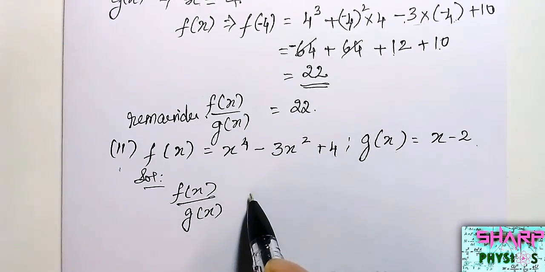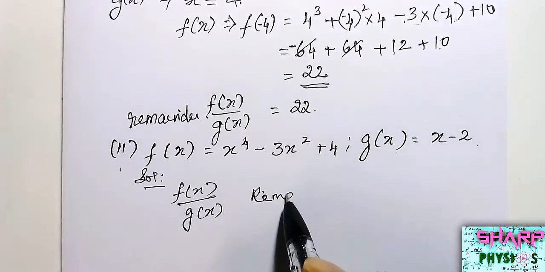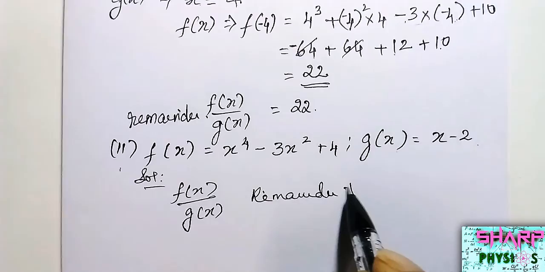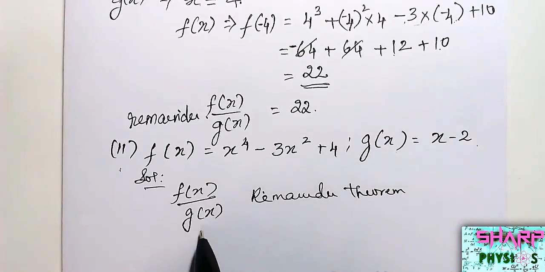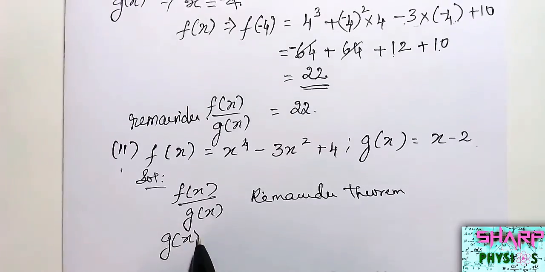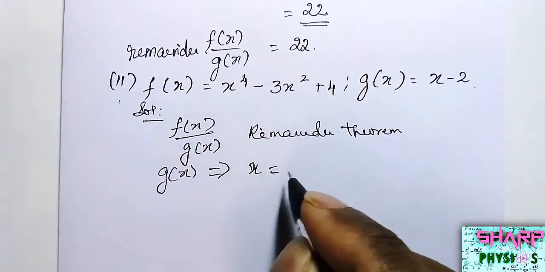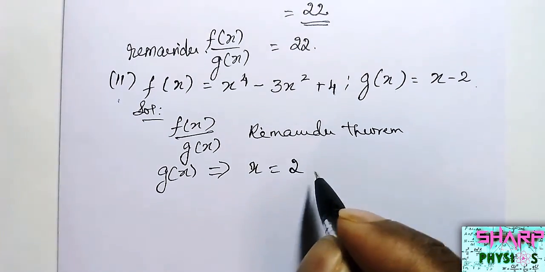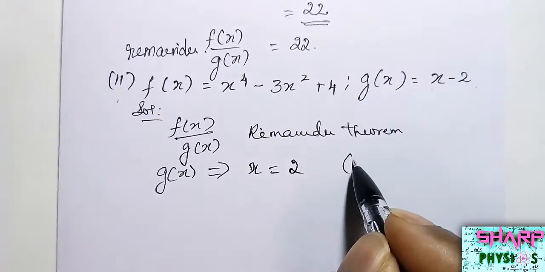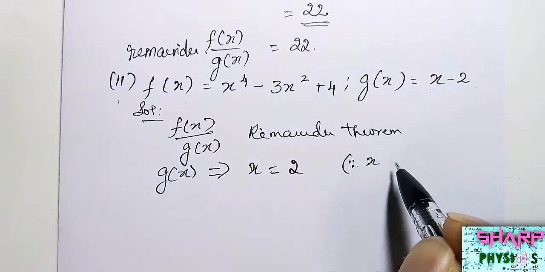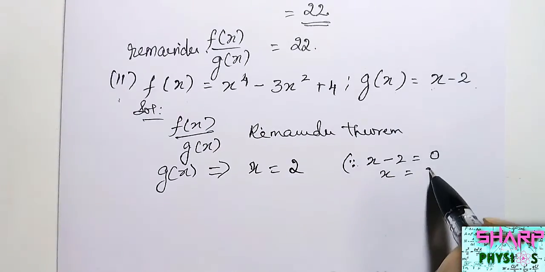So here are two methods, we will be solving this one by the remainder theorem. So g of x, x minus 2 is equal to 0, so x is equal to 2.